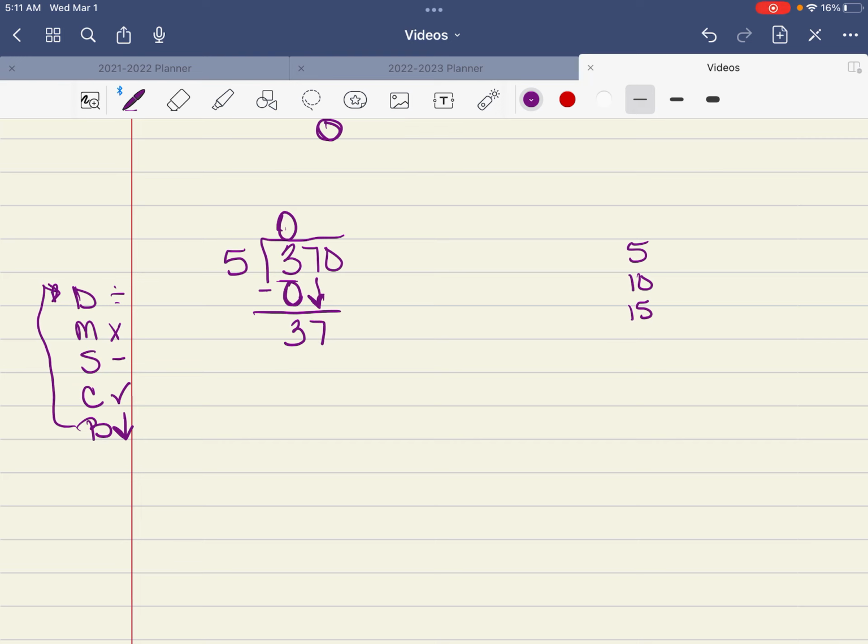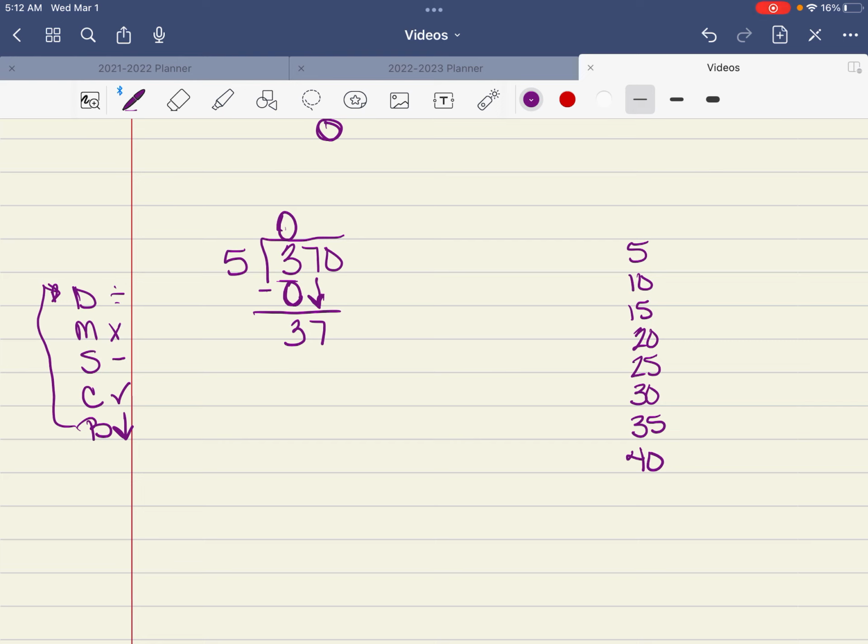Go ahead and try to figure this next step out. All right, if I'm counting by 5s, how many times is 5 going to go into 37? This is where your multiplication facts come in handy. If you already know your multiplication facts, then you really don't have to do this list. Okay. All right.